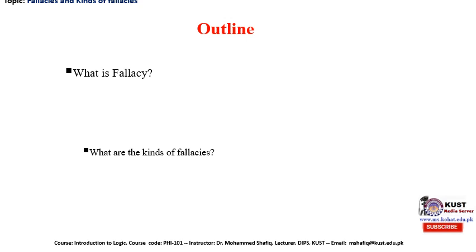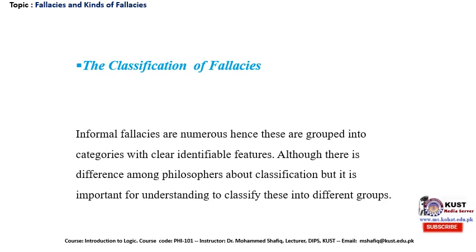So the first one, the classification of fallacies. Informal fallacies are numerous. Hence, these are grouped into categories with clear identifiable features.